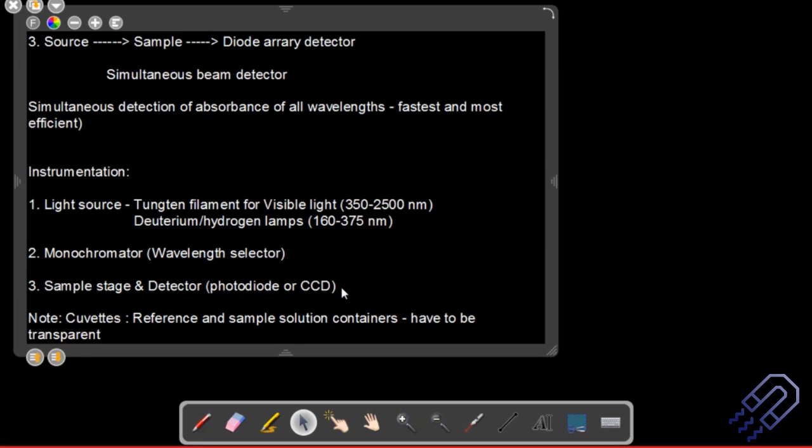Glass is not transparent to UV. Inside your home, you have glass chambers, and usually the UV radiation will stop, not totally but mostly. We need to allow all the UV radiation to fall on the sample, so that's why we cannot use glass.